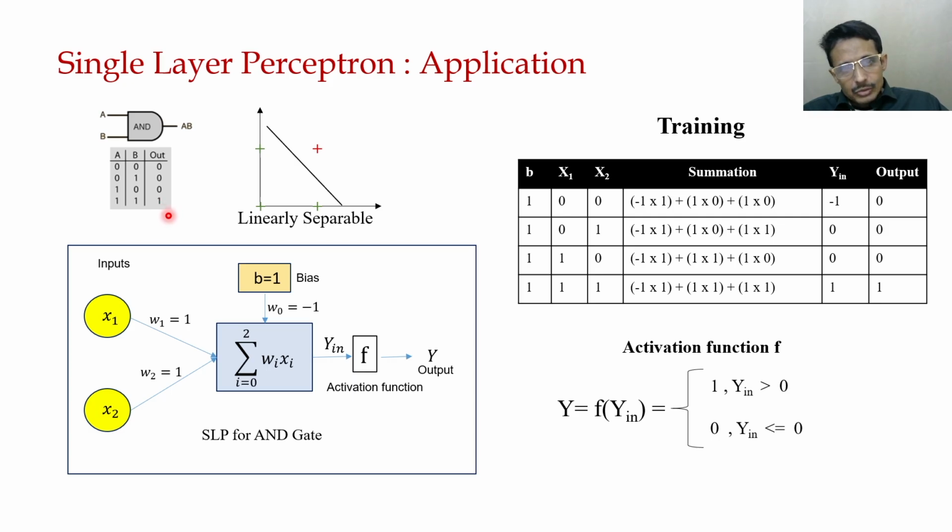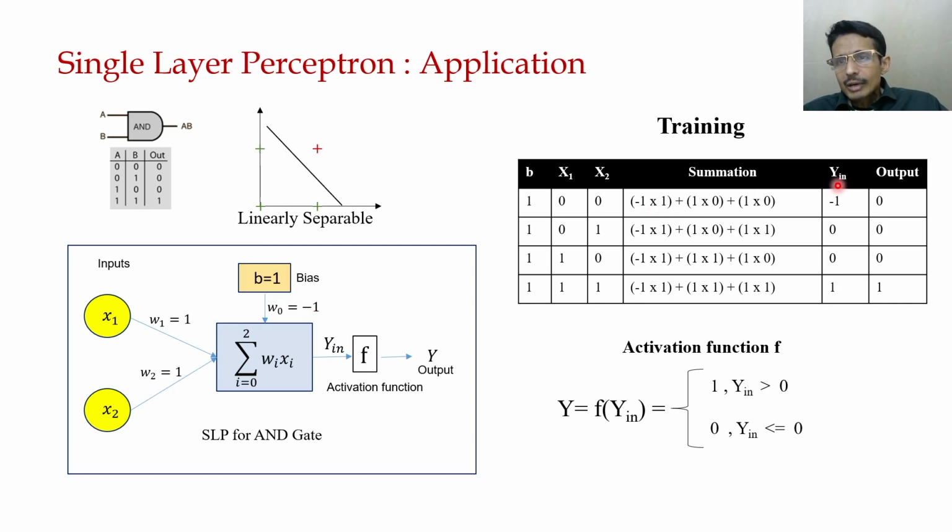Okay. So now you can see that here, if it is x1 x2 = 0 0 and the bias is 1, the bias is always 1. So what will happen? x1 into w1, where w1 is 1, is 1 into 0, which is 0. x2 into w2 is again 1 into 0, and the bias term is minus 1 into 1, so minus 1.